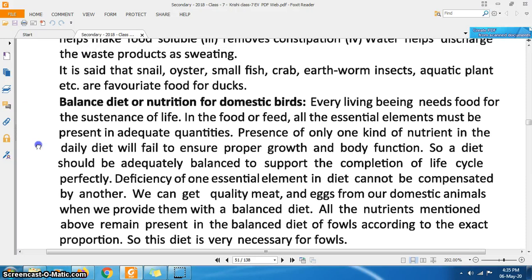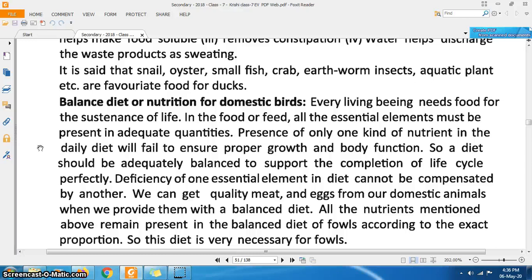Balanced diet or nutrition for domestic birds. Every living being needs food for the substances of life. In the food or feed, all the essential elements must be present in adequate quantities.